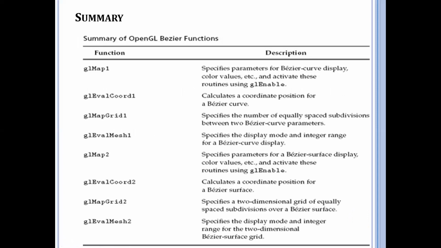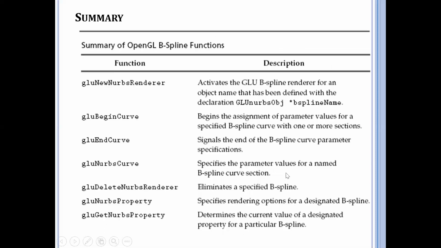Here, I have summarized the different functions for you. I have taken the summary of the OpenGL Bezier functions, wherein we have discussed glMap, glEvalCoord, glMapGrid, glEvalMesh, glMap2, glEvalCoord2, glMapGrid2, glEvalMesh2. You can see the purpose of each of these in the description section, which tells what exactly is the function associated with each one.